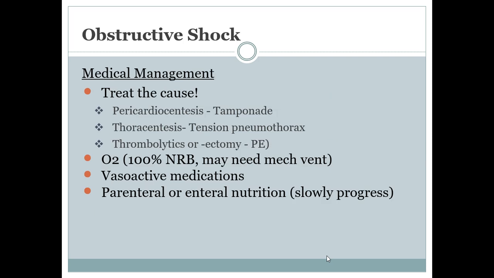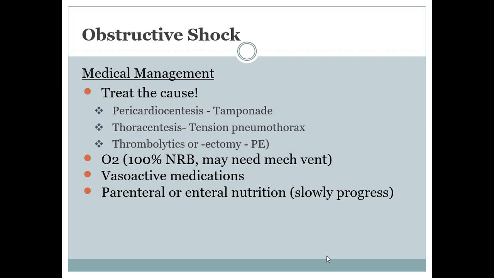For hemodynamics, you'll see an increased SVR, so increased systemic vascular resistance. You'll have low cardiac output and a low SvO2, which again is a reflection of oxygen consumption at the tissue level. Mainly, we want to treat the cause. If it's tamponade, we're going to do a pericardiocentesis. If it's a tension pneumo, we're going to do a thoracentesis. If it's a PE, we might do thrombolytics or a thrombectomy. We want to provide oxygen as needed, 100% non-rebreather, and they may also need mechanical ventilation.